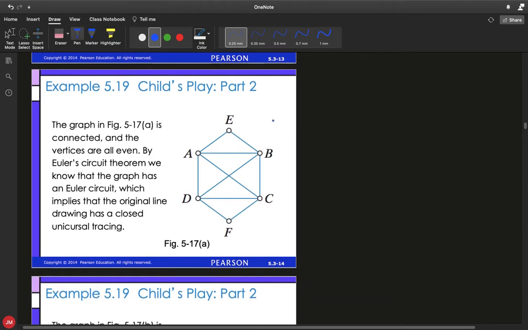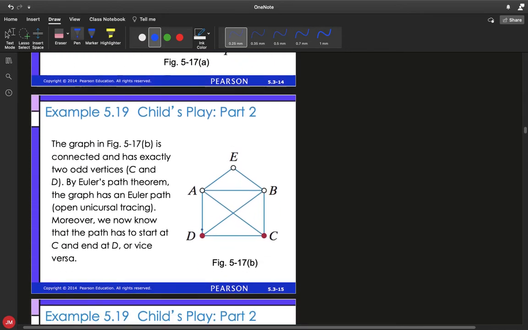So going back to an earlier example, they call it child's play, but this was the house example where we added in a couple extra lines underneath. This graph is in fact connected. If we were to check all of our vertices, the degrees end up all being even. That tells us that an Euler circuit is possible, and we can really start it anywhere we'd want, and we can draw this without ever using an edge more than once.